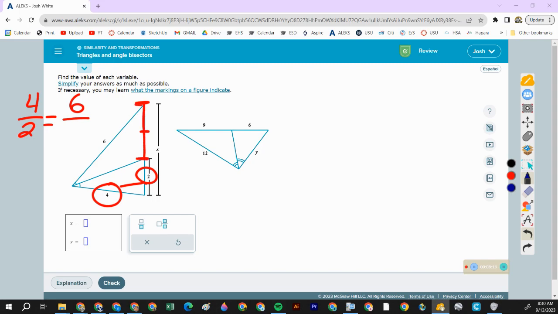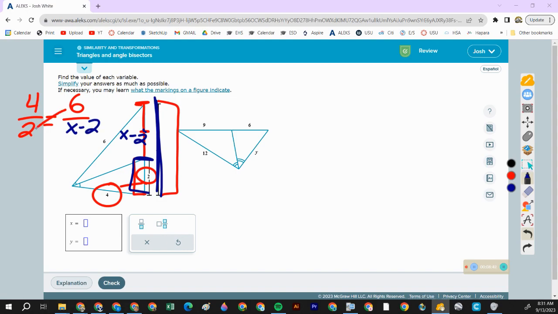But they didn't tell us. We know that this distance is x. And we know that this distance is 2. Oh, good. So this distance is whatever x is minus 2. But I don't know what x is. So I'm just going to call it x minus 2. So we put in x minus 2.